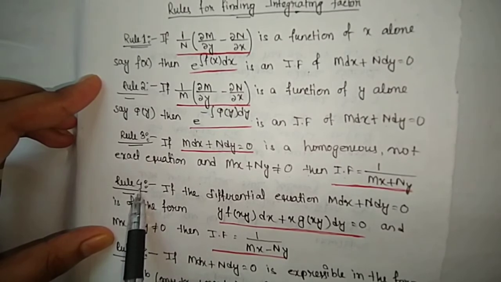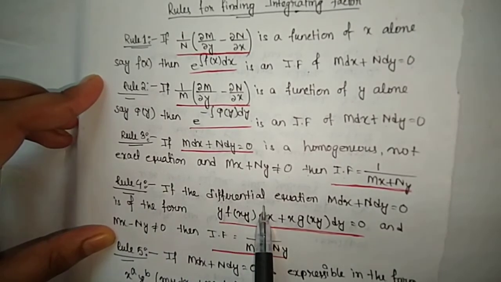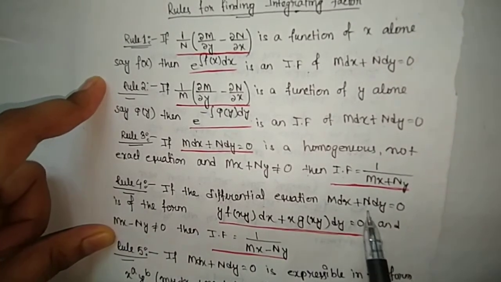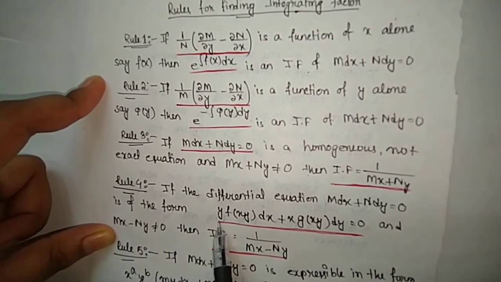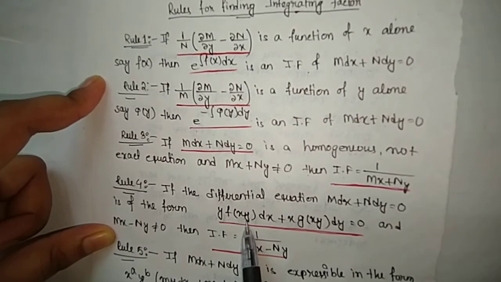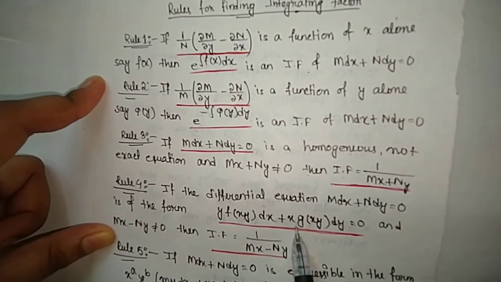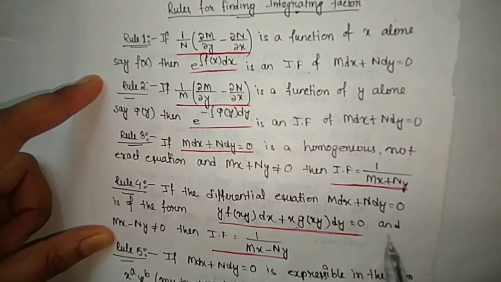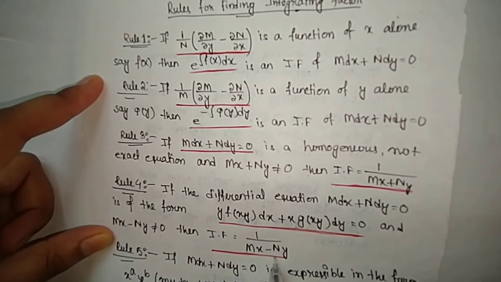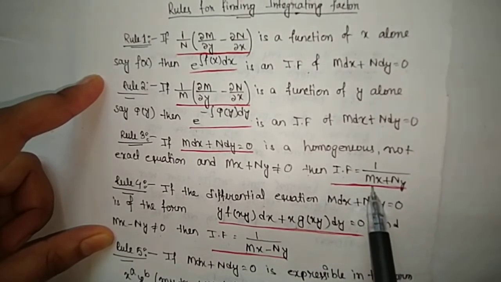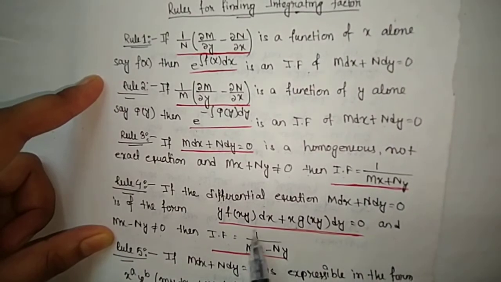Rule number 4: if the differential equation M dx + N dy = 0 is of the form y f(xy) dx + x g(xy) dy = 0 and Mx − Ny ≠ 0, then the integrating factor will be 1/(Mx − Ny). Here Mx + Ny, here Mx − Ny.